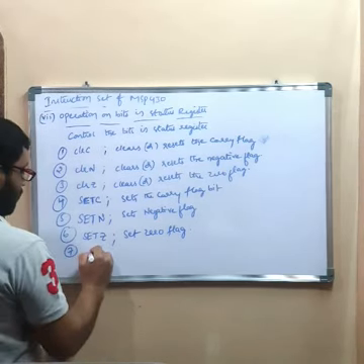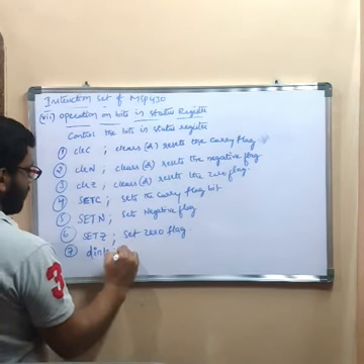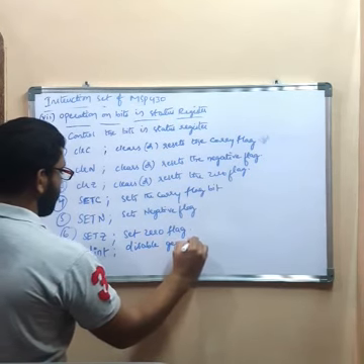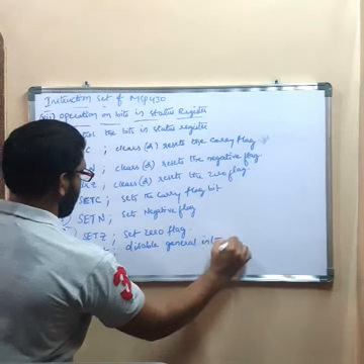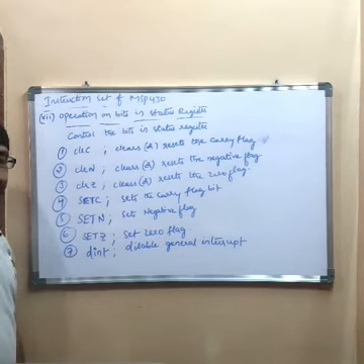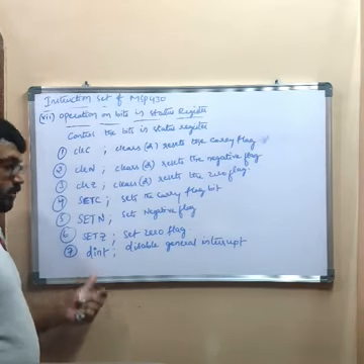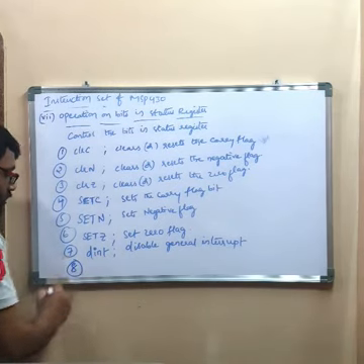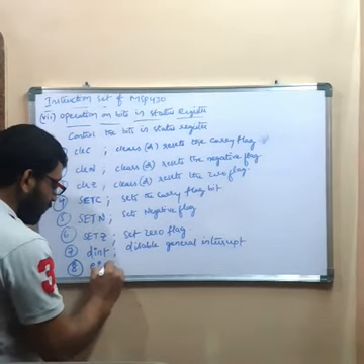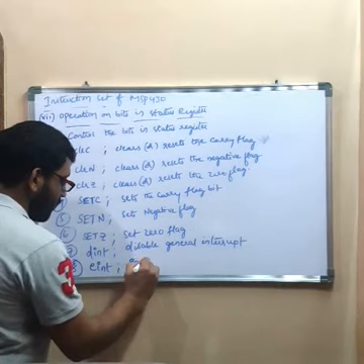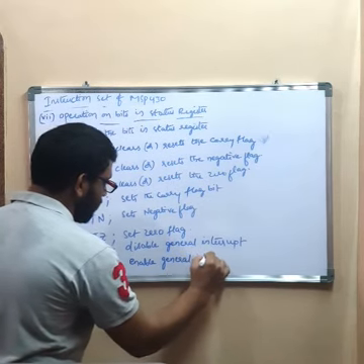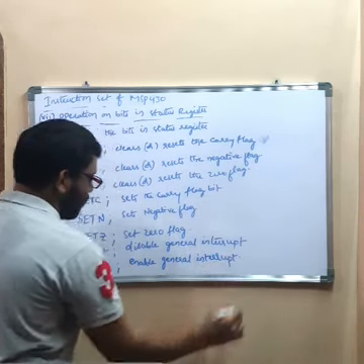Next, disable general interrupt. We have a general interrupt enable bit in the status register. In order to disable this bit, you can make use of this instruction, DINT. If you want to enable the general interrupt, EINT, enable general interrupt.